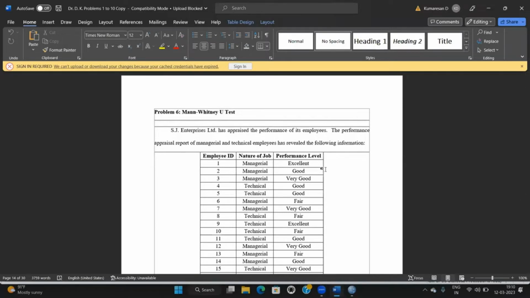Their performance level is measured based on the nature of job. The employees are divided into managerial and technical. So there are two samples, two categories of respondents. It is similar to the independent samples t-test.